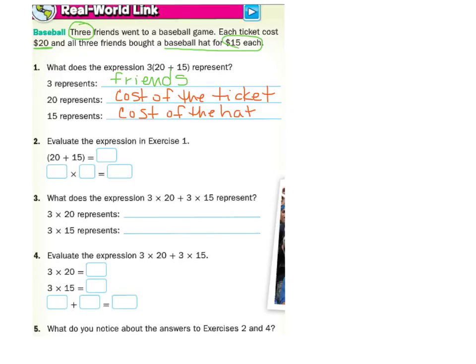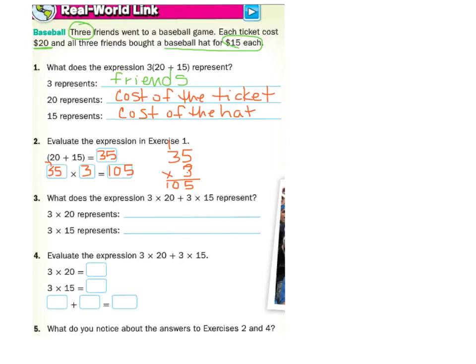So let's go ahead and evaluate this expression, this part from exercise 1. 20 plus 15 is 35. And then we would take the $35, because that's how much it would cost for a hat and a ticket, and we'll multiply it by the 3 friends. 3 times 5 would be 15, carry the 1, 3 times 3 is 9, plus 1 is 10. So it cost $105.